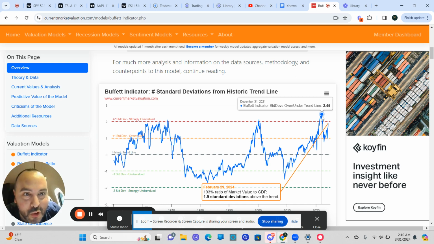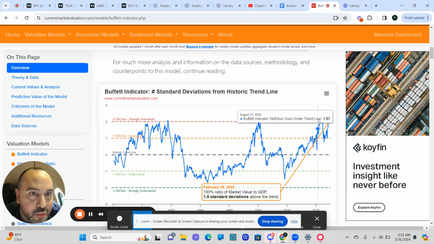So what does that look like in the market? What does that mean to us? I'm going to show you the most recent one. If you look here, this was on December 31st, 2021. So let's go to the chart for 2022.